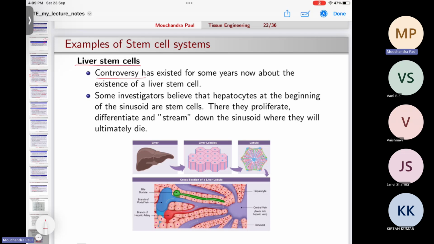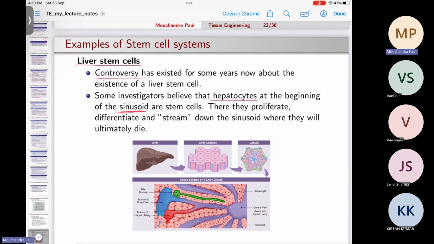Some investigators believe that the stem cells' location is at the sinusoid, and once they are triggered, they proliferate and differentiate, and they roll down along the sinusoid and ultimately die. This is one hypothesis of what is the location of these liver stem cells and how they function.